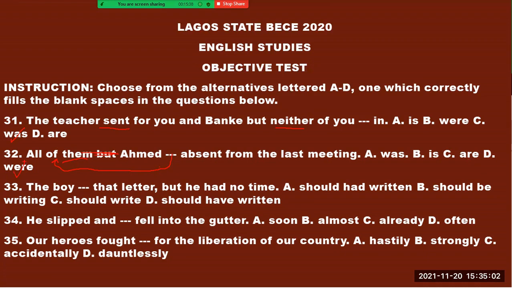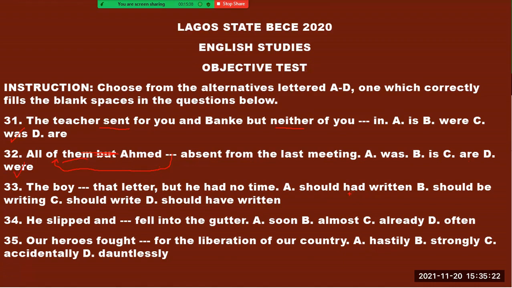All of them but Ahmed were absent from the meeting. Now, question 33. The boy dashed that letter, but he had no time. A, should had written, this is incorrect, all right, because there's no English expression like that.